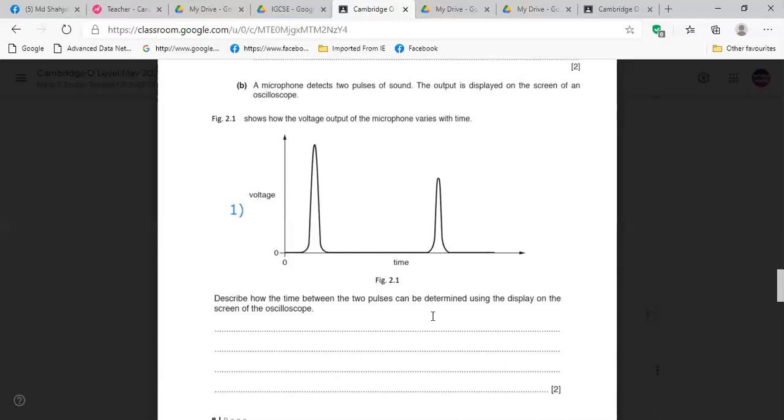Then number two, multiply the time base with number of divisions to get time between the peaks.